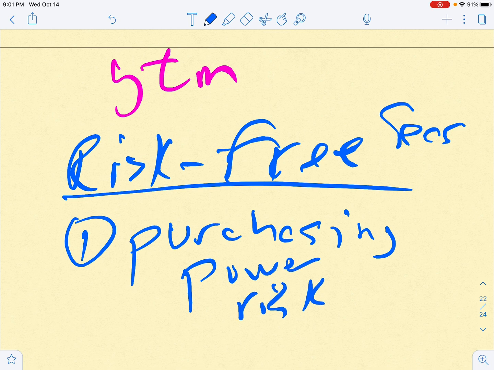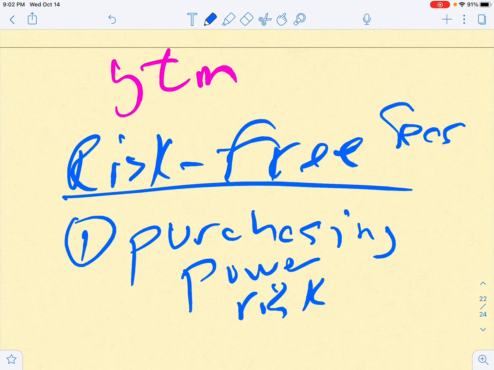Purchasing power risk simply means that if you have a security that's going to mature at $1,000 in 5 years, let's say a zero coupon bond, you don't know what $1,000 of purchasing power is going to be like in 5 years.